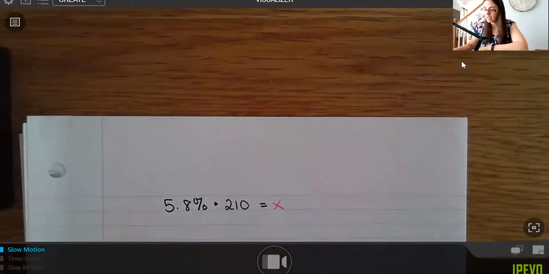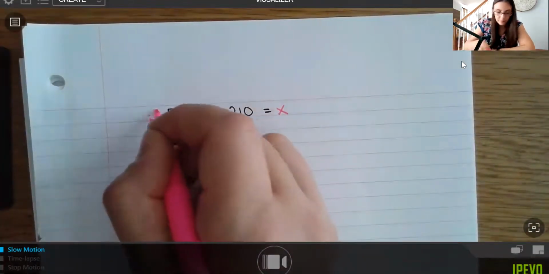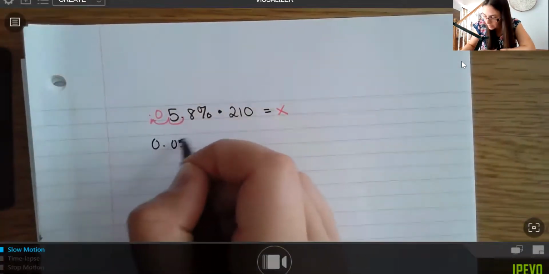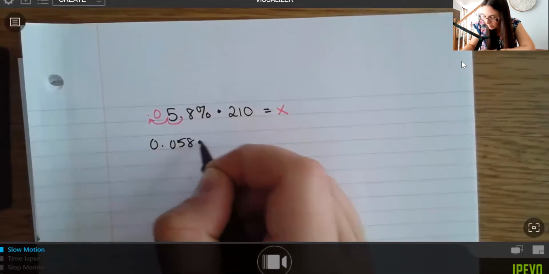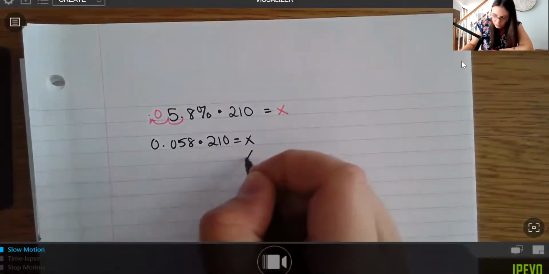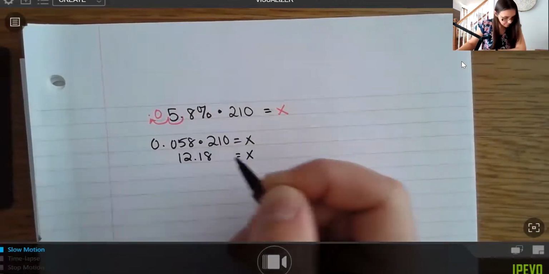And now I'm going to go ahead and solve. So I do need to convert this over first of all. 0.058 times 210. And again, just remember that that's going to be in millions. I'm just making it a little bit easier here. And I get that x is equal to 12.18.